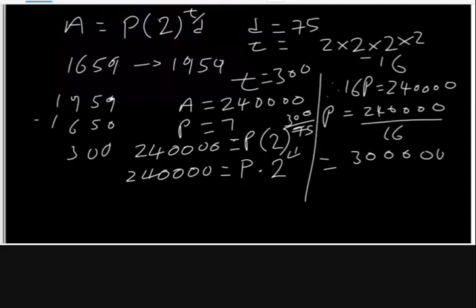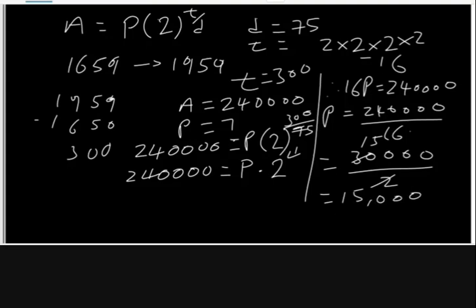Then 30,000 divided by 8 into 16 is 2, so 2 here, this is 15. So this is going to be equal to 15,000. And that's the answer.